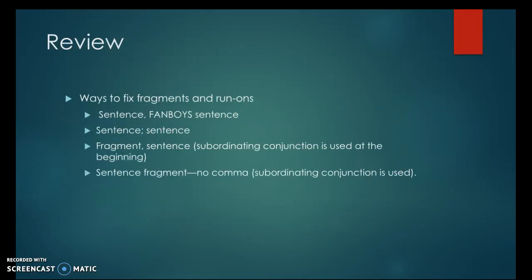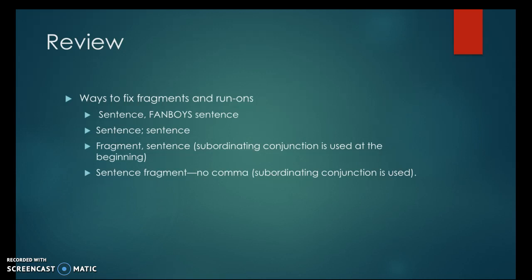So as a quick review, there's a couple of ways, again, to fix fragments and run-ons. Number one, I can use a sentence. So this is a formula for those of you who may be more math-minded. You start with a sentence. You include a FANBOYS conjunction (for, and, nor, but, or, yet, so), and you follow that up with a sentence.